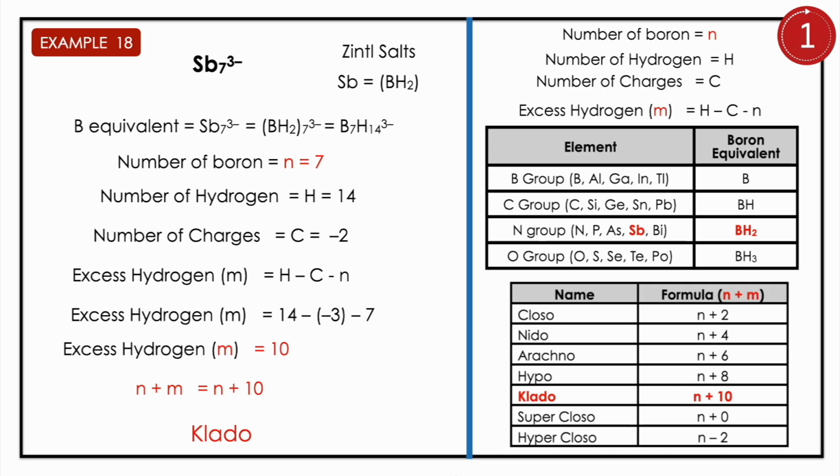If you solve it, you have M equals 10. M equals 10 means N plus 10 system. If you look at the table, N plus 10 means clado structure. So according to Wade's rule, the Zintl salt Sb7 3 minus has clado structure.